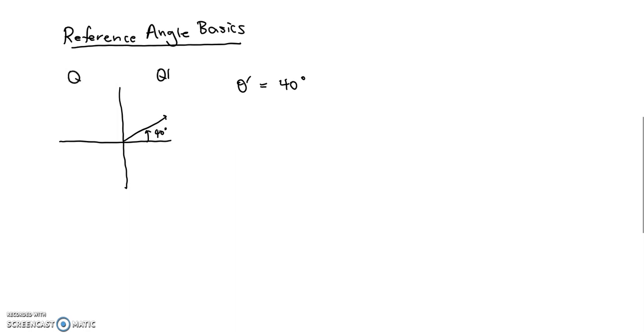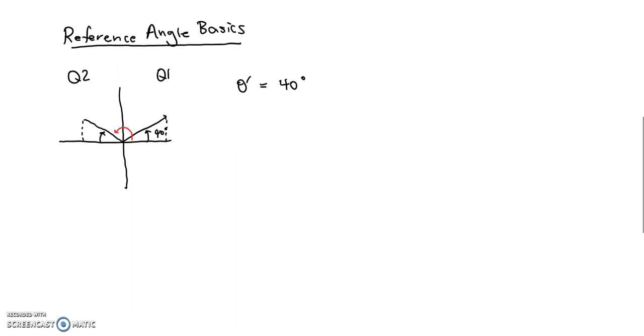In quadrant 2, we want our reference angle, which is this. It's the same. See how it's the same triangle? The reference angle makes the same triangle, but the angle that we want is this one.